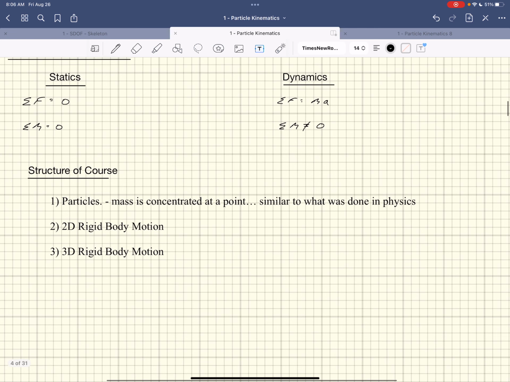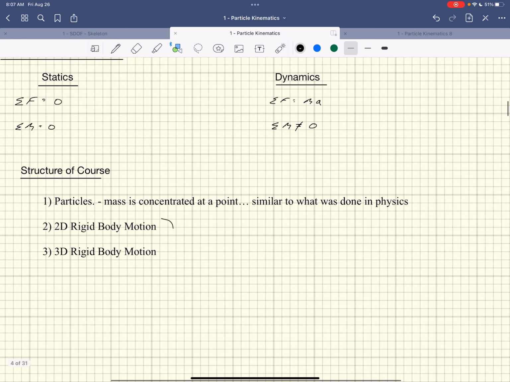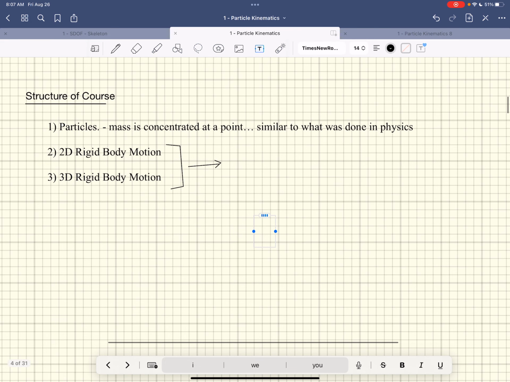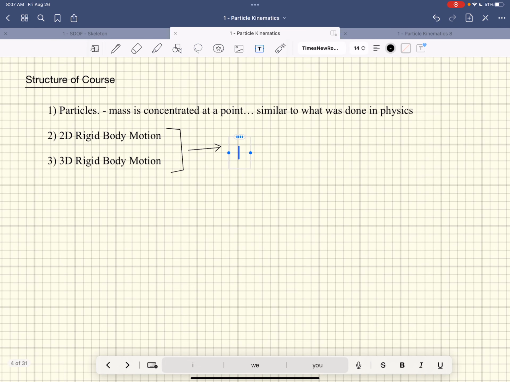So then for each one of these things, let's talk a little bit about these really quick. The rigid body motion. For these things, we have distributed mass.